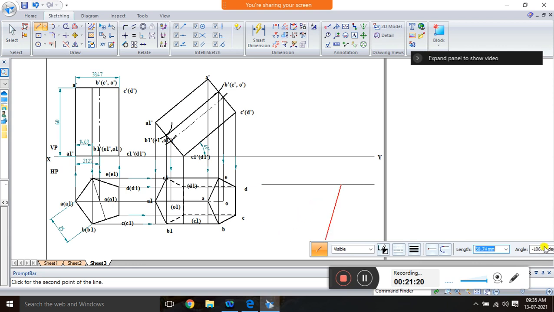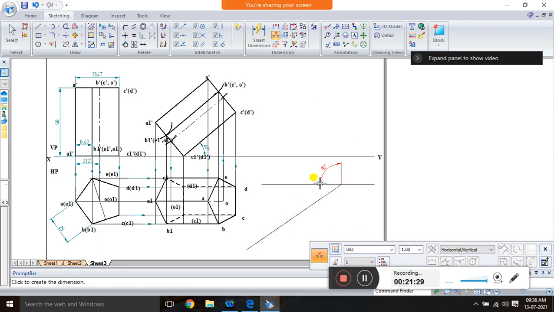We don't know the length. So draw a line, and this angle should be 30. It should be 30.